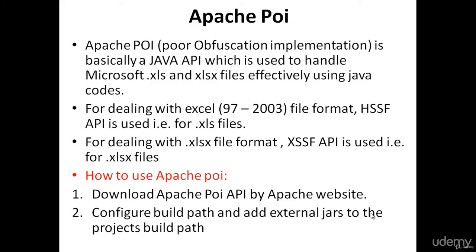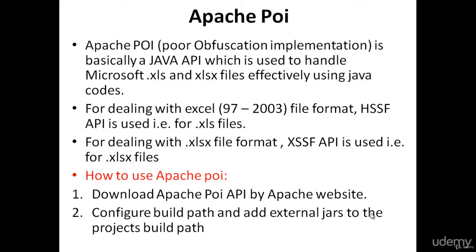There are two formats in which Microsoft documents can be read. One is the .xls format, which is the old version of Microsoft documents, from the 97 to 2003 file formats. There was an API designed for those files, HSSF, which was a part of the POI API itself, to handle them, right?